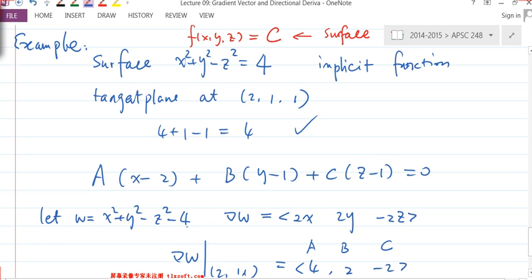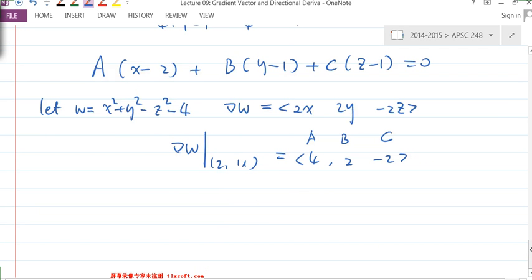But it does matter whether this is 0 or 1, because if you change it, that point is not going to be on that surface anymore. So the question would have to change the point. Good? So essentially, this is what's involved for the gradient vector.